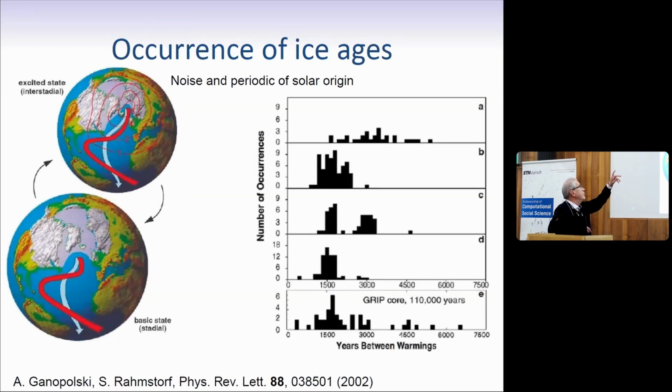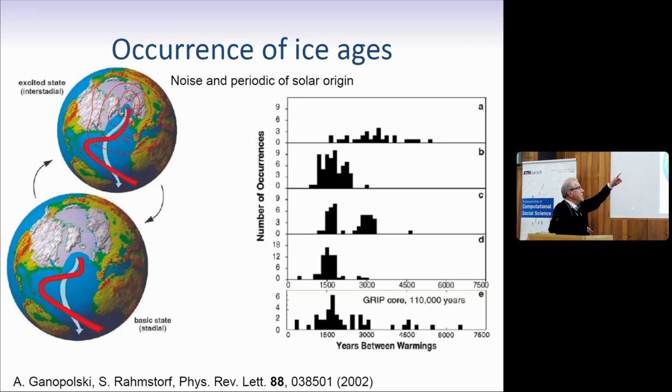Now you see, for example, we talk about climate. There's a nice work from the Max Planck Institute outside Berlin, by Stefan Rahmstorf, who has done simulations for the ice ages, so to speak.